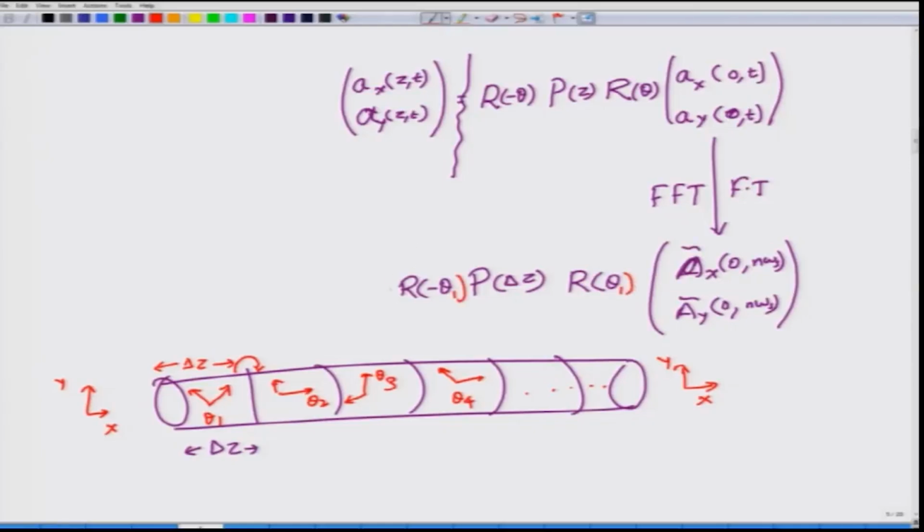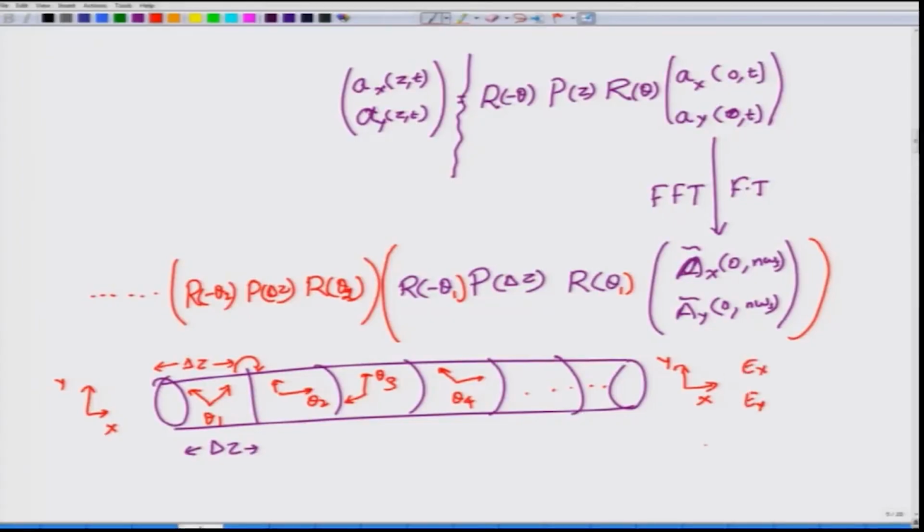So, once you have done this one, this is the output at delta z with a birefringence angle of theta 1, and then you further need to start multiplying this by the same procedure. So, you have to take this as r of theta 2 p delta z, which of course is kind of constant, and then you have r of minus theta 2, and you again start multiplying and so on and so forth to obtain the Jones vector at the output.